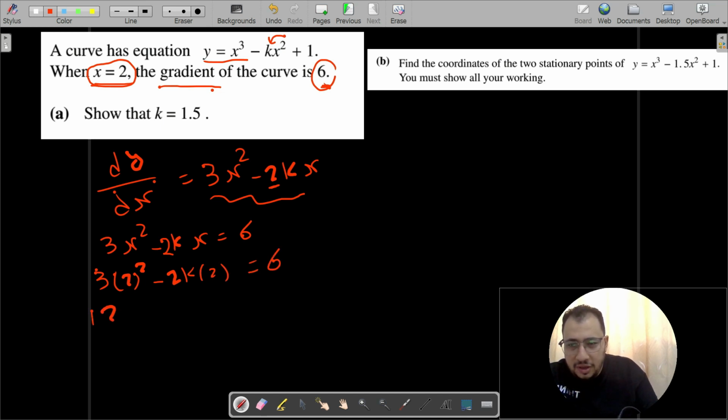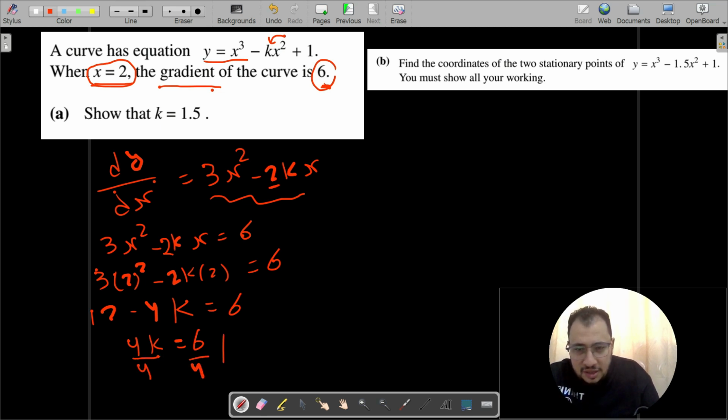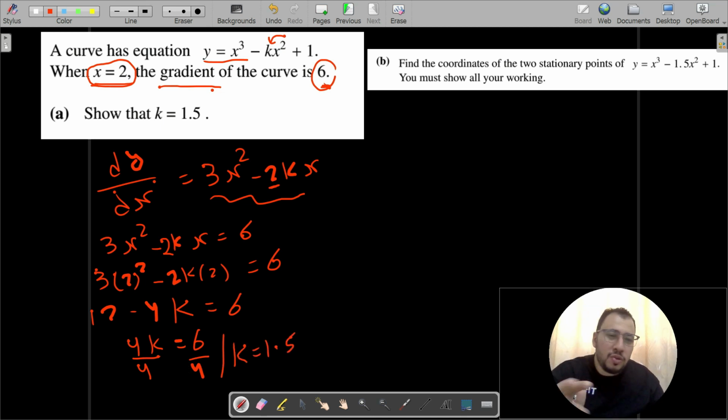So 12 minus 4k equals 6. So 4k equals 6. To get the value of k, divide by 4 on both sides. So k equals 1.5. Remember, he told you to show that k is 1.5. So for sure, if you get a different answer, you did something wrong and you have to go back and check.